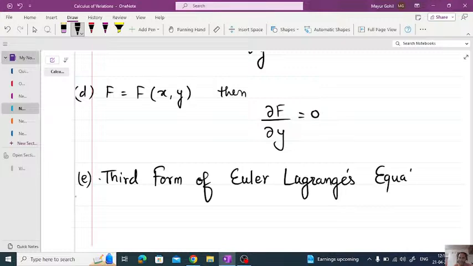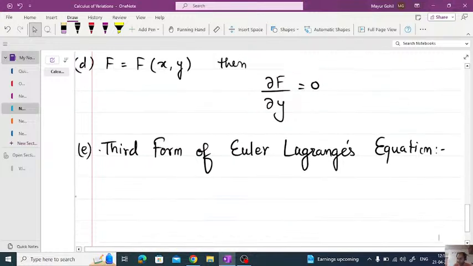Now this is slightly different, rather it's a more detailed version. It's the same thing but in a more elaborate format.